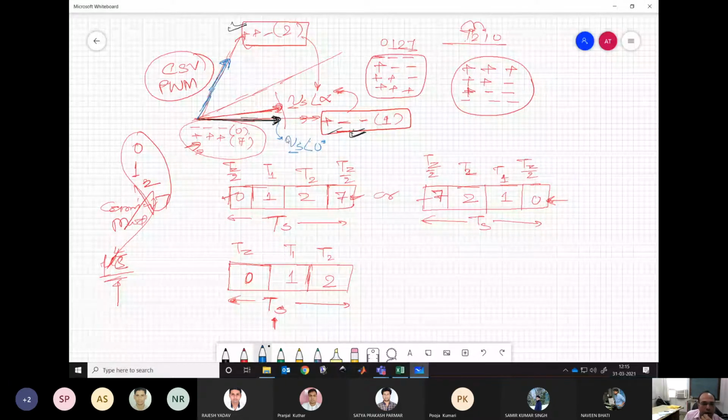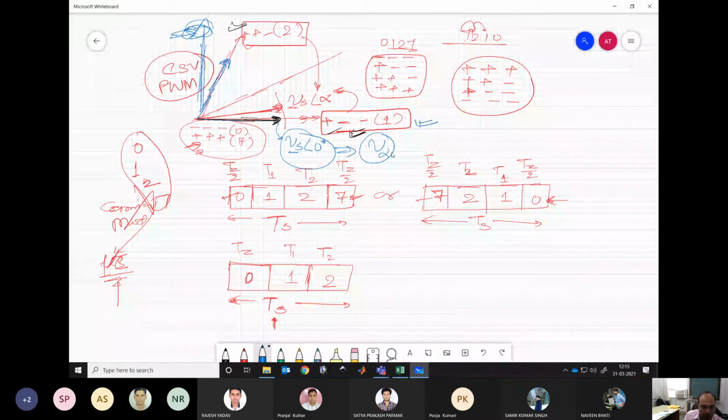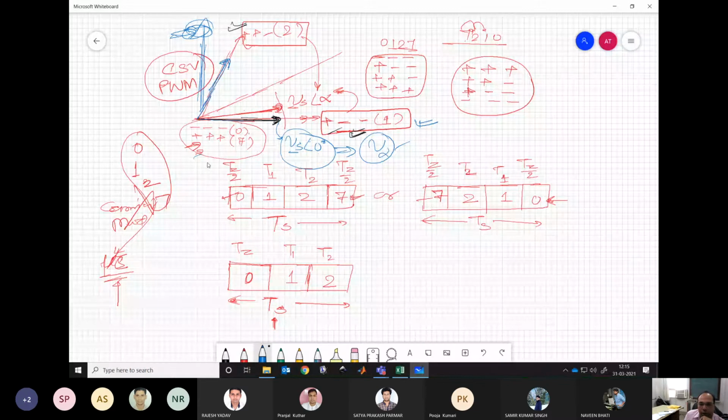If we resolve the alpha beta components for this vector, there will be only V alpha, no beta component. So we need not apply any vector which gives us a beta component. We can have only this vector 1 and get it done with another 0 vector. So 0 and 1 are sufficient to do this job. We need not apply 2 or 7.